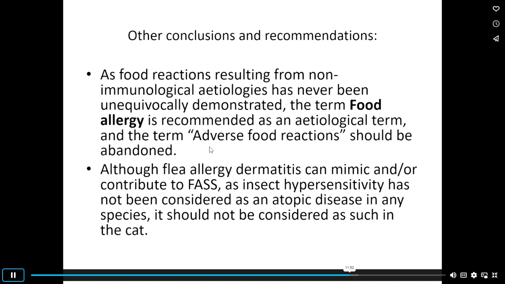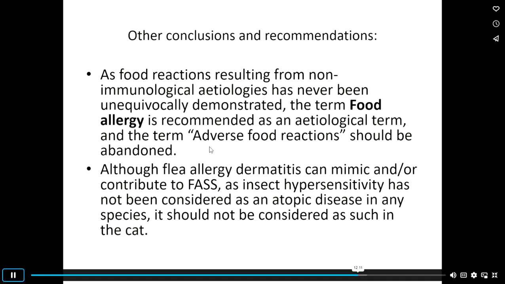Other conclusions: as food reactions resulting from non-immunologic etiologies have never been unequivocally demonstrated, the term food allergy is recommended as an etiological term, and the term adverse food reactions should be abandoned.